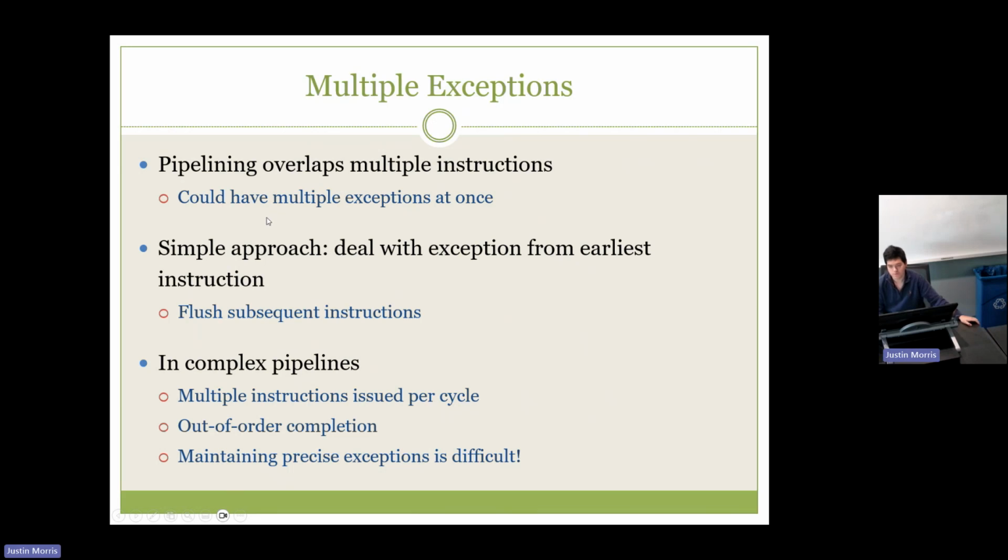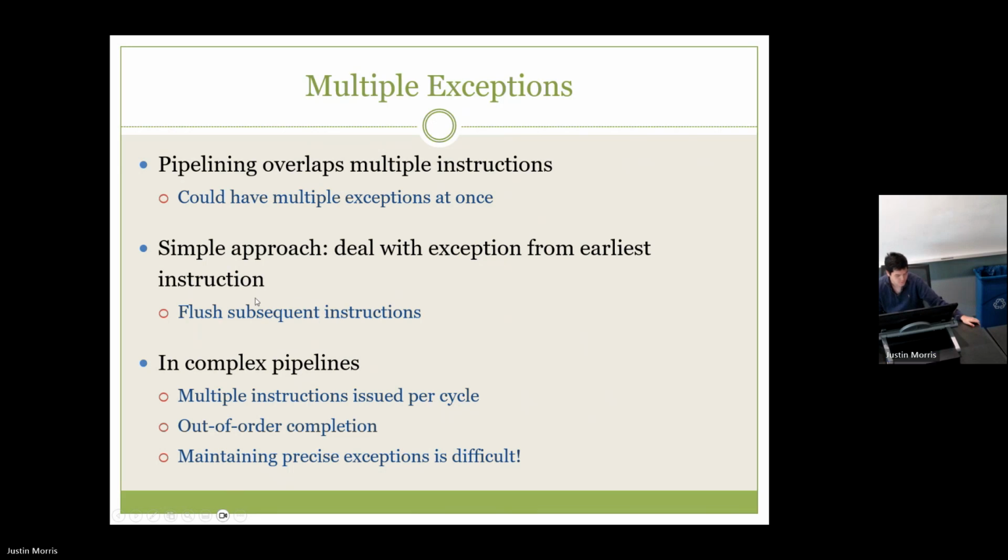The simplest approach is just deal with the exception from the earliest instruction, right? So we're just going to flush that other exception that occurred. And if we are restartable and we fix the first exception, the second exception will then occur again when it is executed, and then we'll fix that, right?